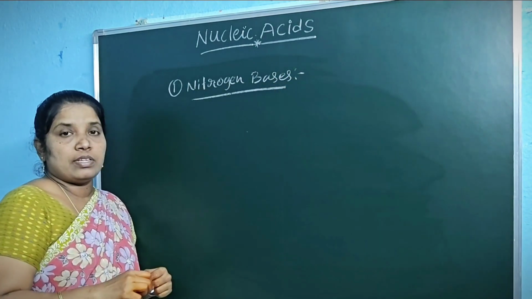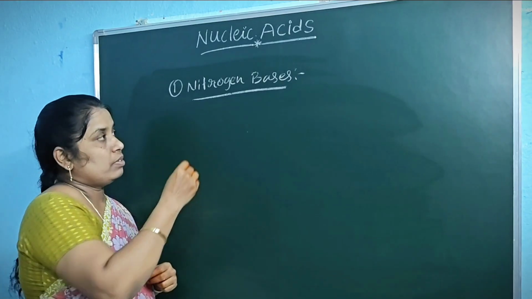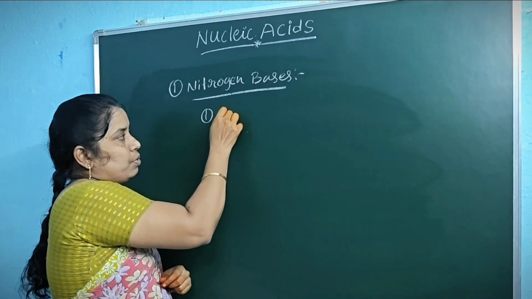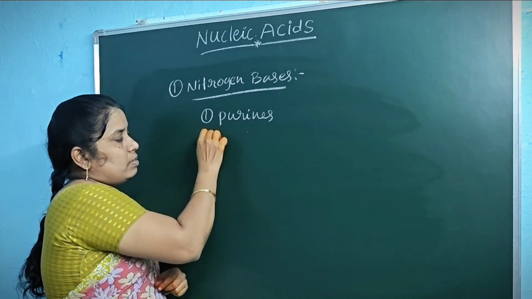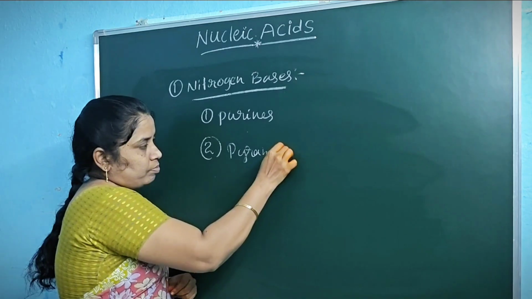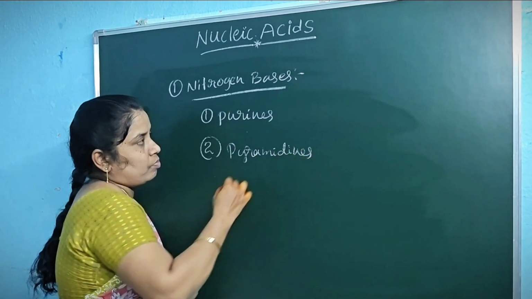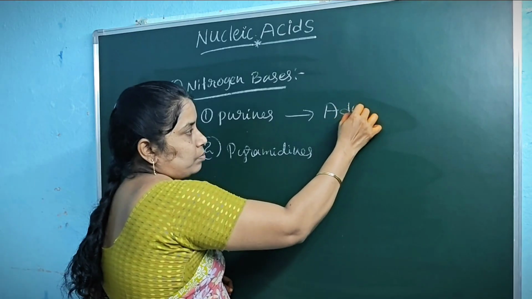So nitrogen bases of nucleic acids are of 2 types. First one is purines. Second one is pyrimidines. So purines are nothing but adenine and guanine.